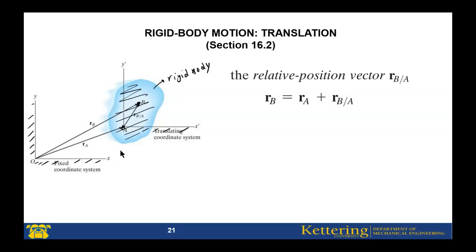Now, next one, I want to relate the velocity of the B with velocity of the A. How? How can we relate the velocity of the A with velocity of the B?